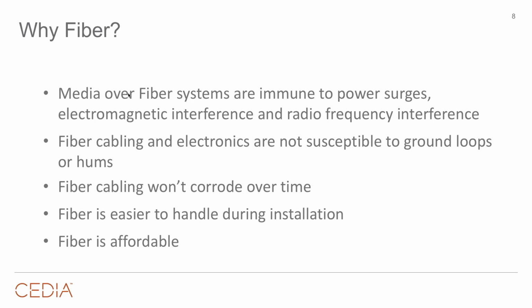Now, some other advantages: fiber is not corrosive. We're not dealing with a metallic mechanism here. We're dealing with glass or polymers, so we don't have to worry about the degradation over time. And then really, quite importantly here, modern fibers are very easy to handle.